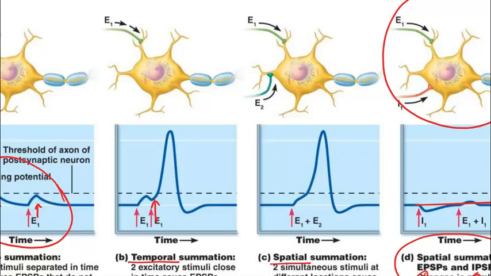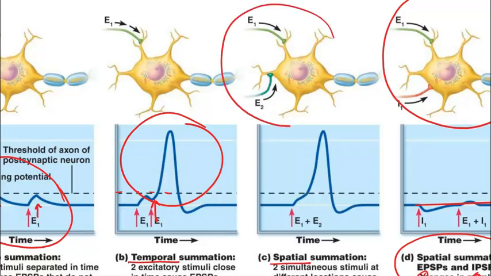They increase depolarization, finally cross the threshold, and you have action potential, and you have a signal going through the neuron. Okay? I'm going to give you an analogy, of course. Or you can send two different excitatory signals at the same time to two different synapses, and they will add up.